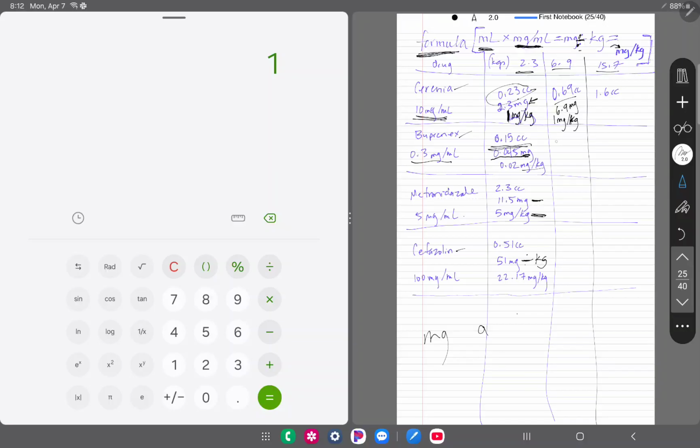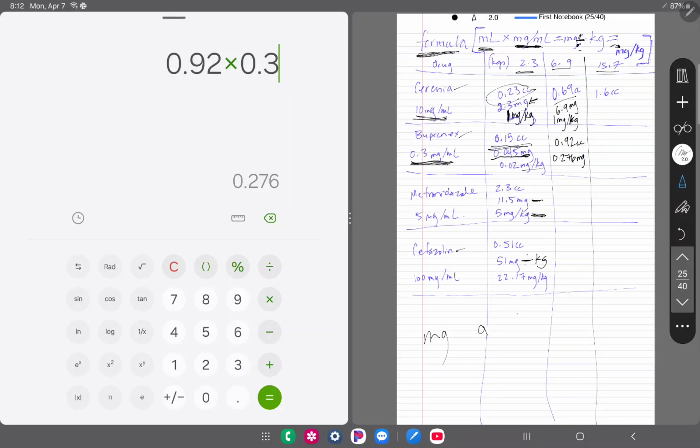So let's say this 6.9 kilogram animal got Buprenex at 0.92 cc's. All right, so I gave 0.92, and I'm going to take that times the mg per mil, which again is the concentration on my bottle, times 0.3, and that is 0.276 mgs.